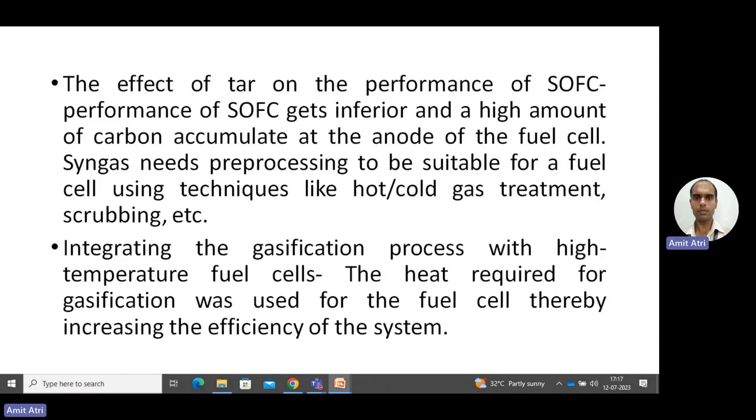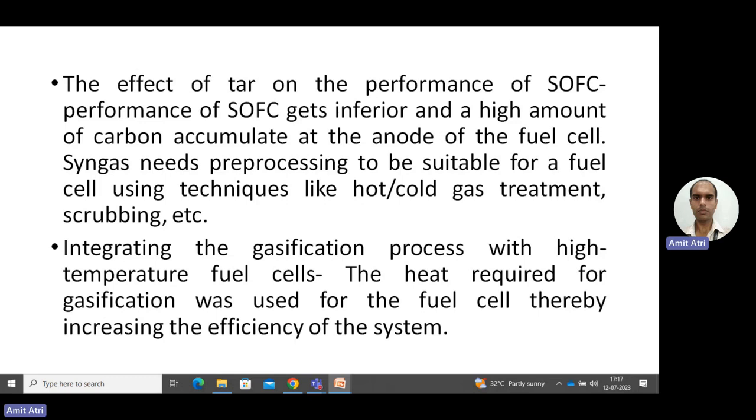Next, integrating the gasification process with a high temperature fuel cell. As I shared in the previous video about the process of producing syngas from gasification, gasification also takes place at high temperature. The solid oxide fuel cell also works at high temperature.